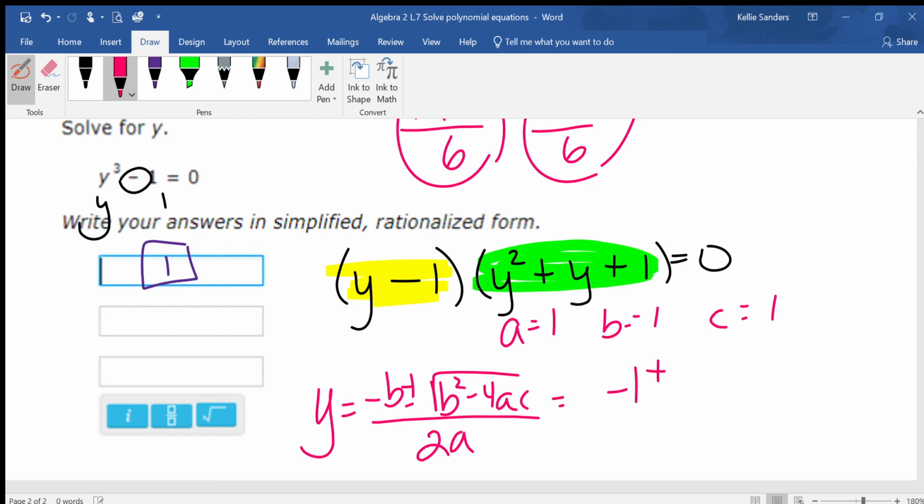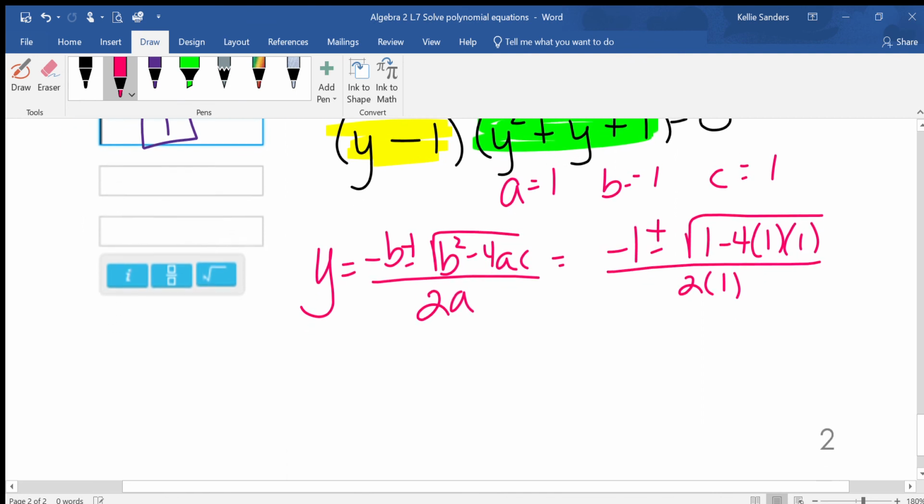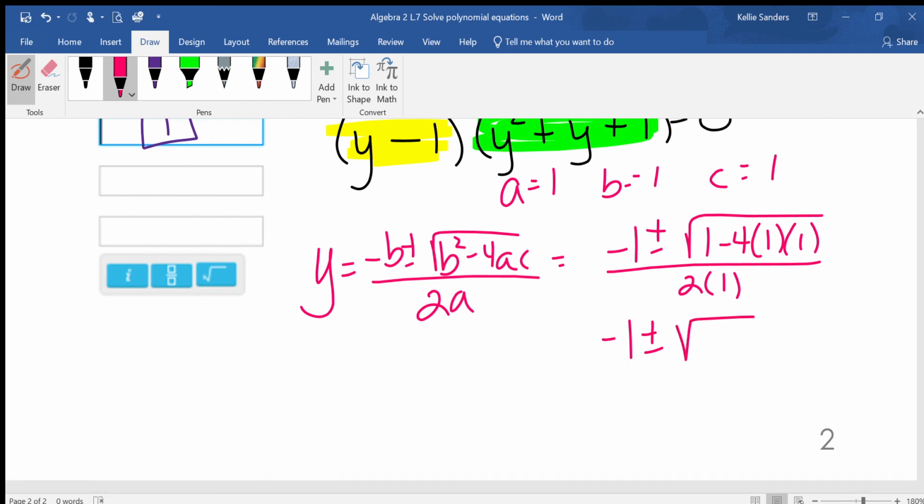Negative 1 plus or minus 1 times 1 is 1, minus 4 times 1 times 1 all over 2 times 1. 1 minus 4 would be negative 3 all over 2.